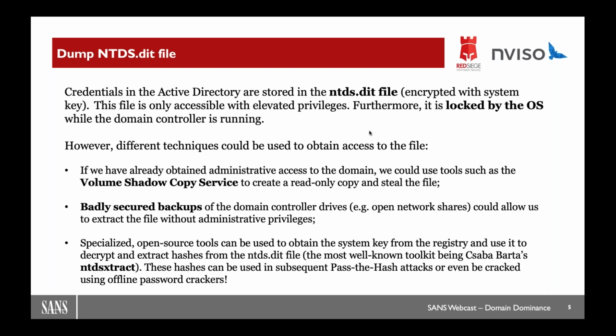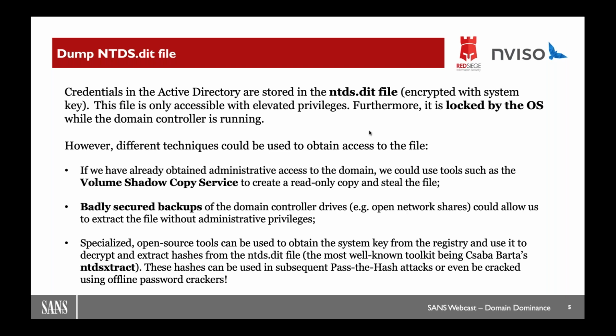Now, how can we get to it? If you have domain admin rights, you have the privileges to get it. Just know that it's by default locked by the operating system, because of course it uses it to perform its normal functions. So what an adversary would need to do is use the volume shadow copy service, for example, to create what we call a read-only copy to allow a proper copy of the ntds.dit file to be extracted.